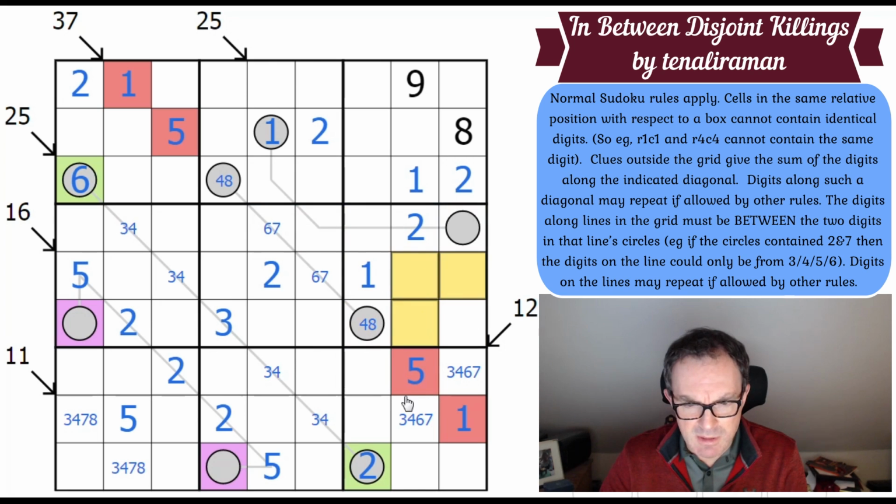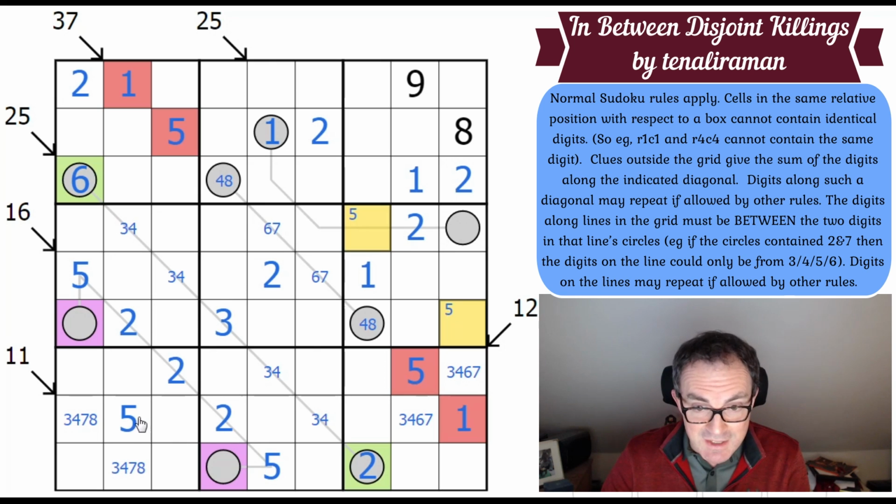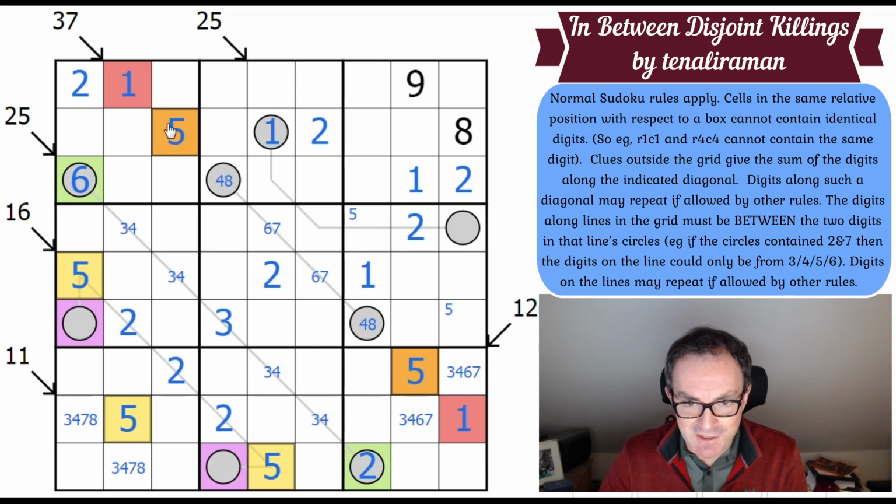Look, it can't go in any of those 3 squares, so 5 is in one of these 2 positions. Can we get rid of it in one of those positions? The thing is, the answer could be yes, and I'm just not seeing it. I really find it very difficult to scan these puzzles efficiently.